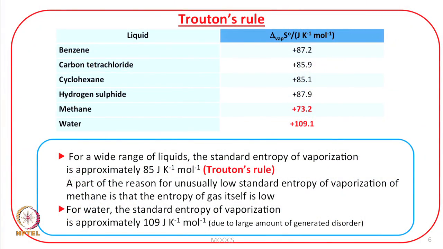That is, the gas itself has a small amount of entropy, it is low entropy, and this is connected with moment of inertia. These you will study later on. We have already discussed for water, the value is high because of a large amount of generated disorder as a result of breakage of the extensive hydrogen bonded network.